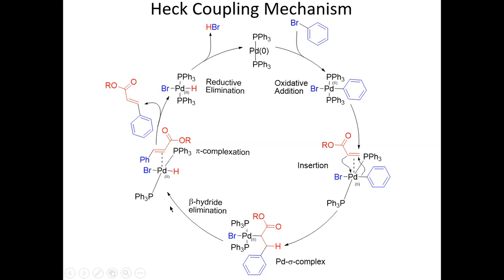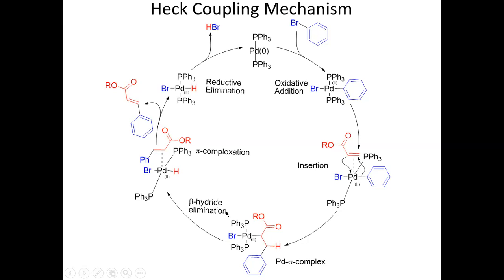So you do beta hydride elimination, and then after that you have this complex, but you release that, and then you have a palladium hydride, which does reductive elimination to give you HBr, and then you get back to your initial catalyst, and then you can do it all over again, right?